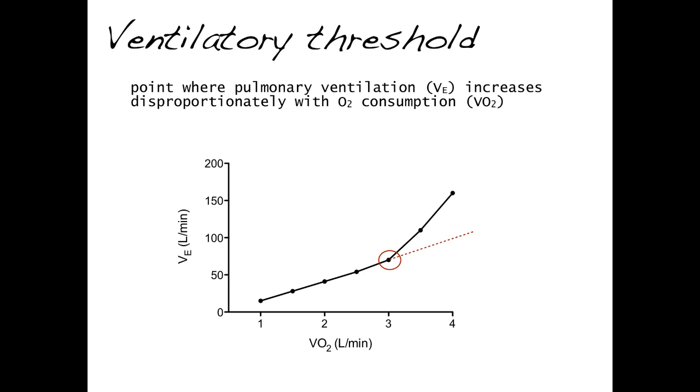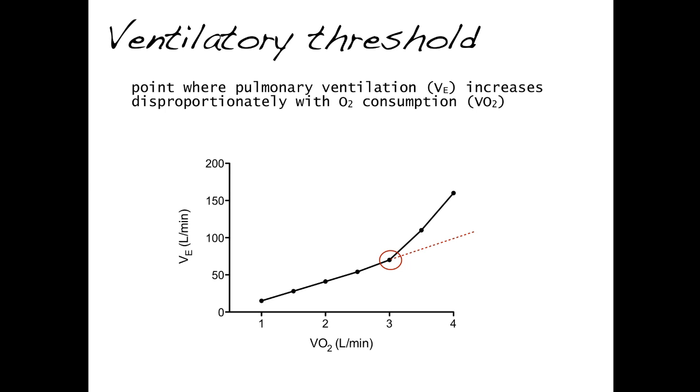The ventilatory threshold is the point where pulmonary ventilation increases disproportionately with oxygen consumption. On this graph, we have minute ventilation, the volume of air taken into the lungs per minute, and on the y-axis we have VO2, so how much oxygen is being consumed to produce ATP. Minute ventilation increases linearly until the ventilatory threshold, where VO2 continues to increase.